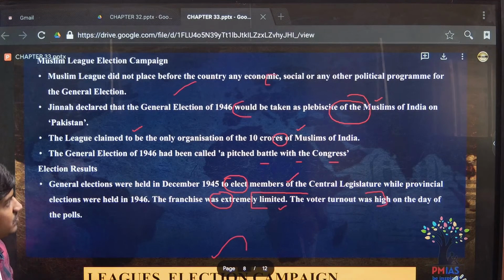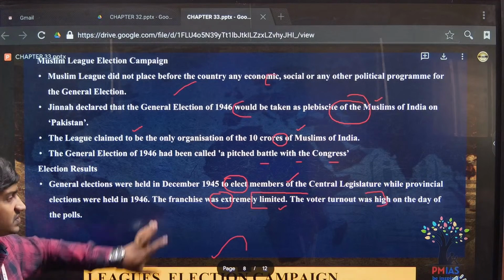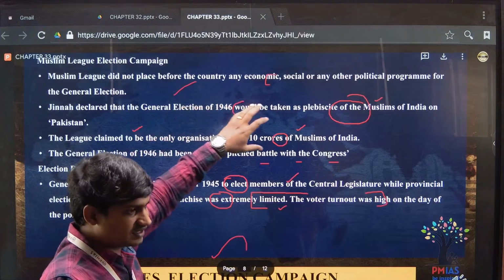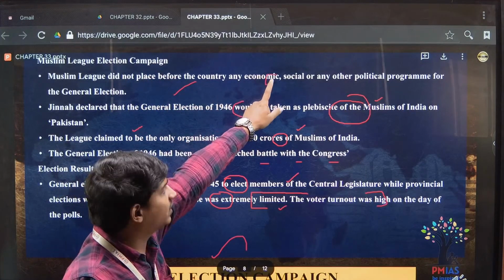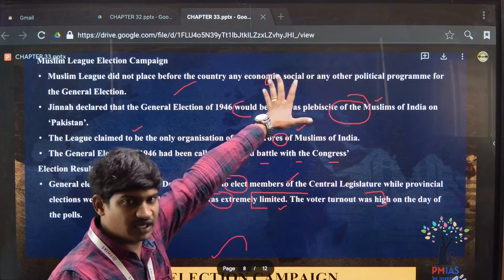On the other hand, what does the Muslim League say? They did not focus on the socio-economic conditions or any other political programs.